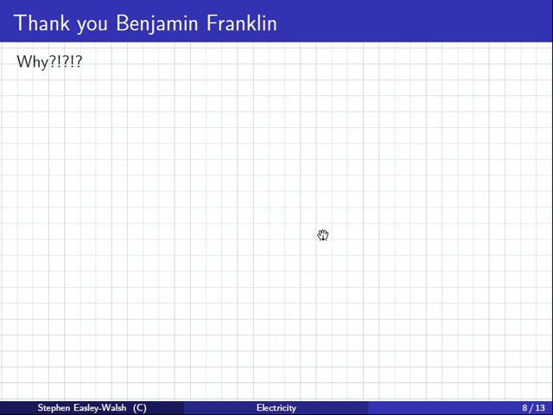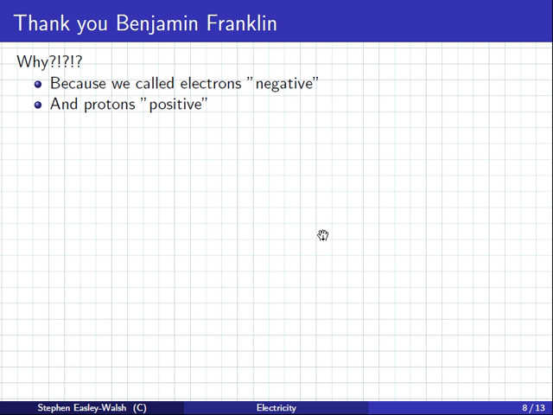Why is this way? Well, it's a long story, but the problem is because we call electrons negative and protons positive. And you might say, well, aren't electrons negative and protons positive? Well, which hand is this, my left or my right? Left. And which one is this? Right. But everything would be okay if we all swapped the words, right?